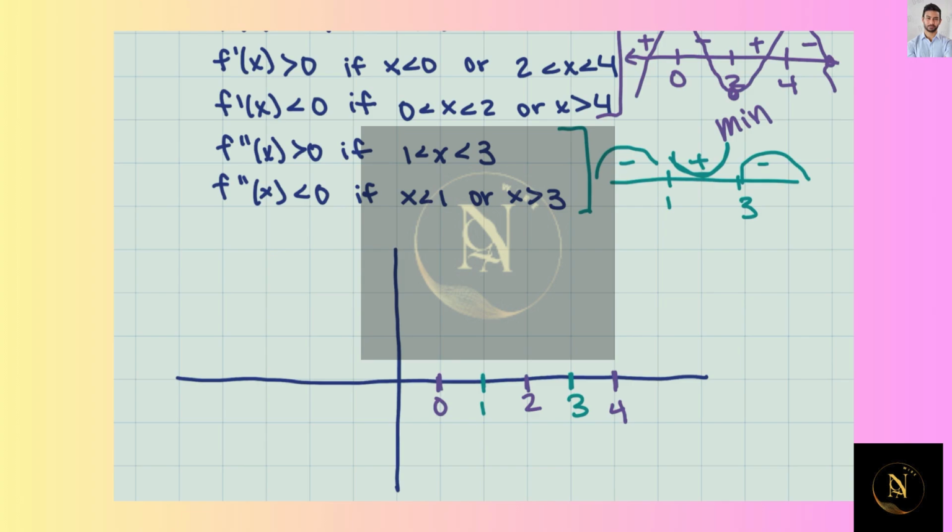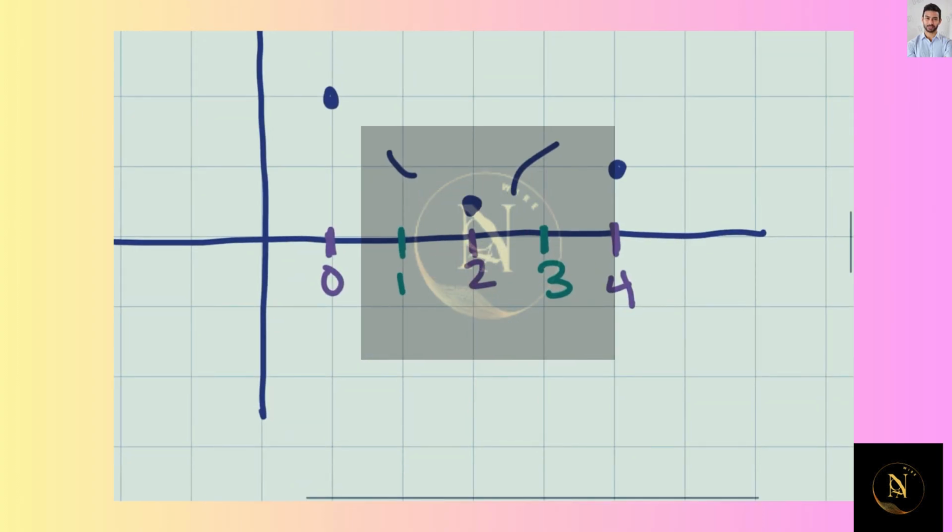And it should start off as concave down and then switch to concave up and then back to concave down. So we're going to have some sort of maximum here, some sort of inflection point here, some sort of minimum here, and then another inflection point here, and then some sort of maximum here.